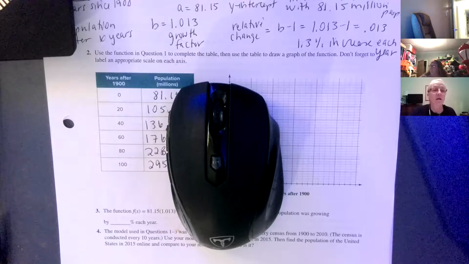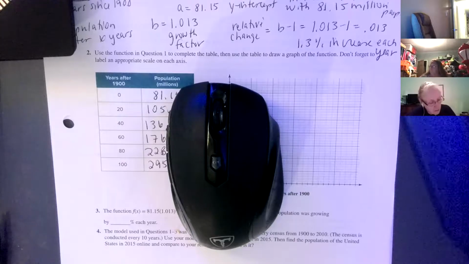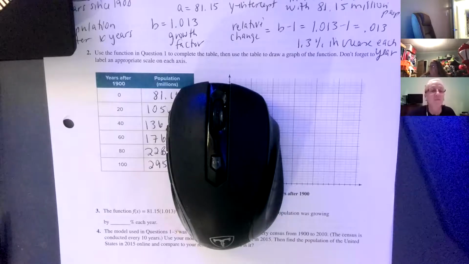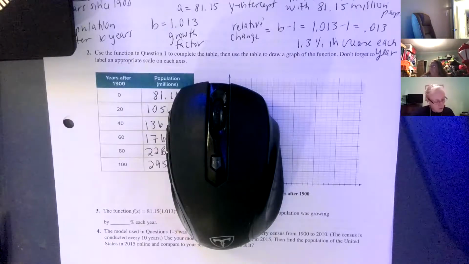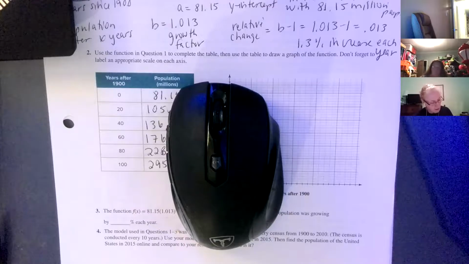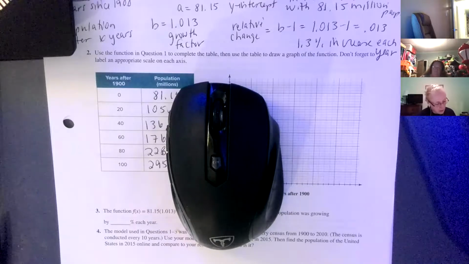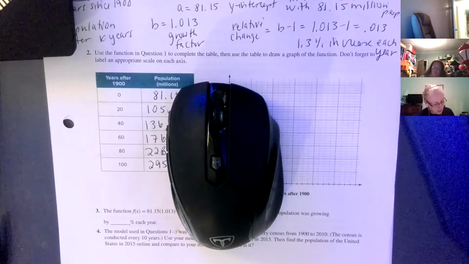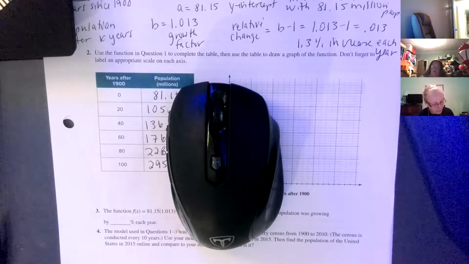She said do 3 and 4 or just 3? 3 and 4, but I'm working on 3.